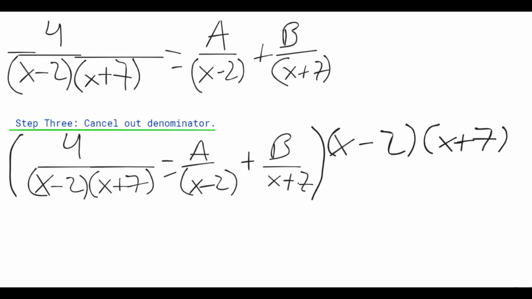And whenever we do this, we know that x minus 2 cancels out with the denominator, and x plus 7 cancels out.